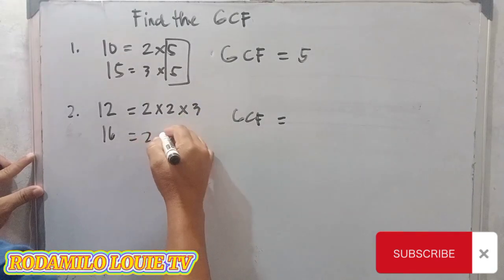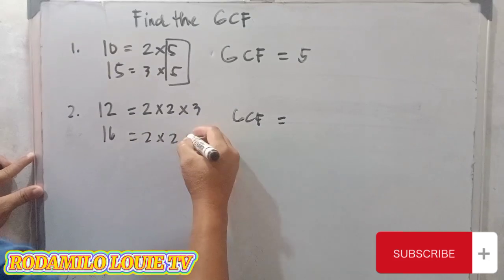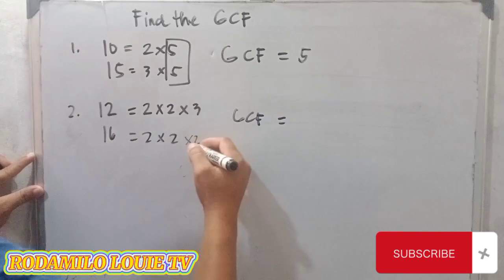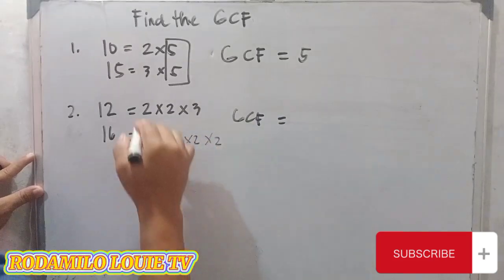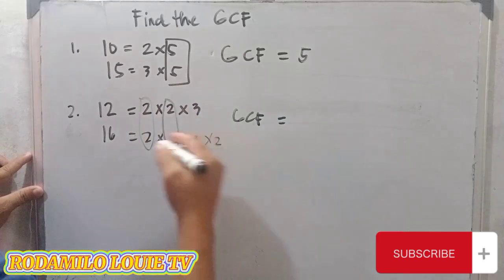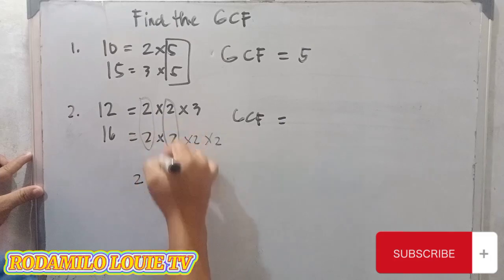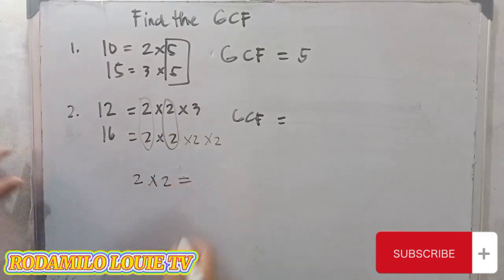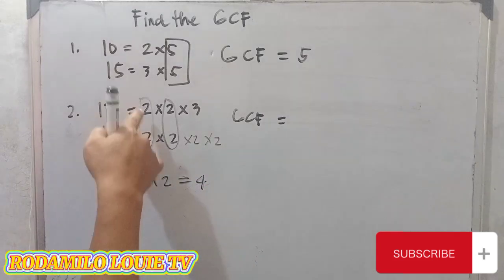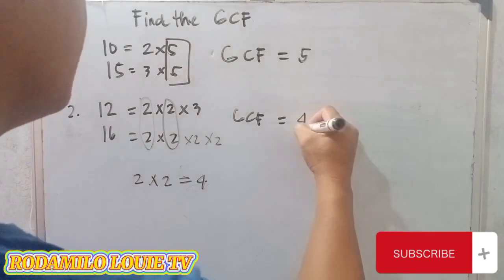Ini is 2 times 2, 4, times 2, 8, times 2, 16. So common sa ilang duha, ang GCF is 2 times 2 is equal to 4. So ang common na ang imong ilista. So duha ka 2, common sa ilang duha. So ang GCF is 4.